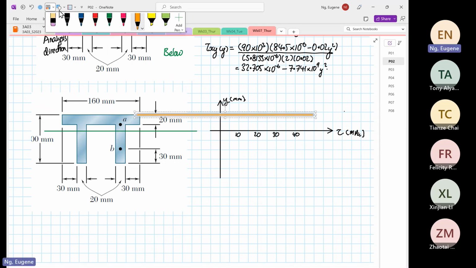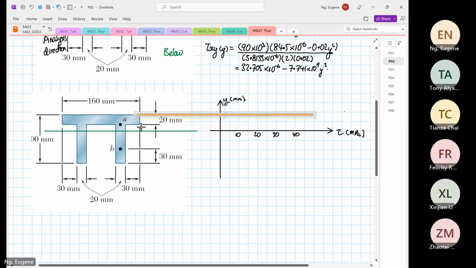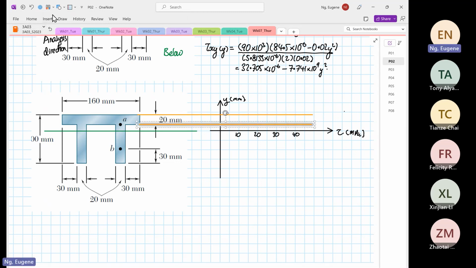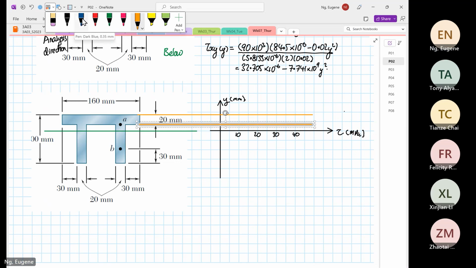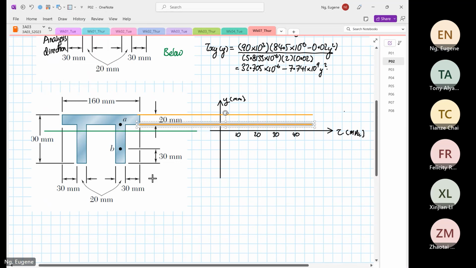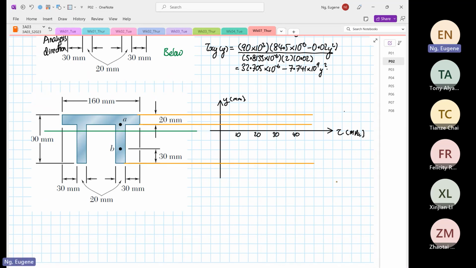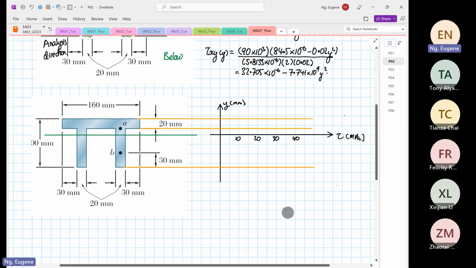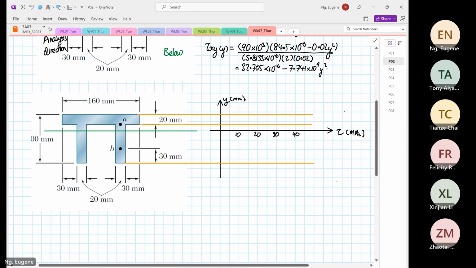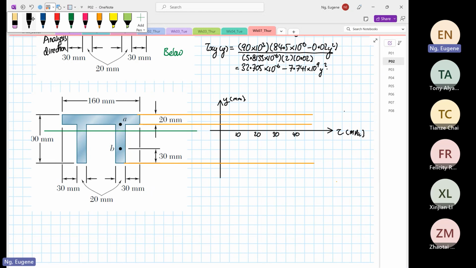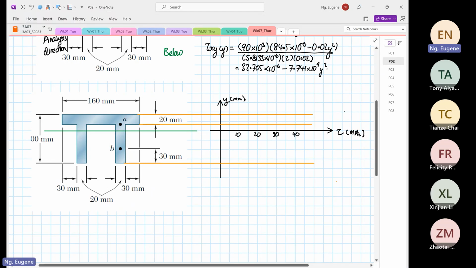Then we have another line. Then we have another line. Okay. So we know that from here, we're going to start from 0, right?